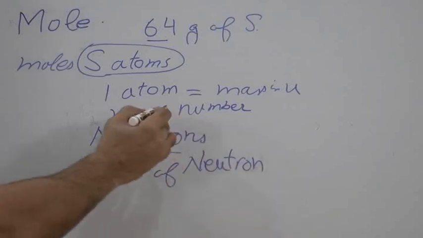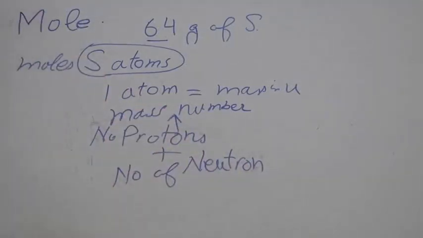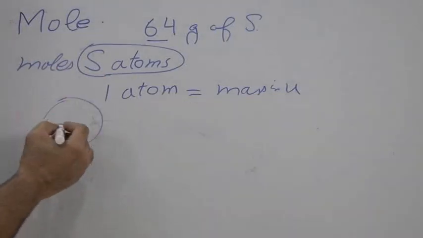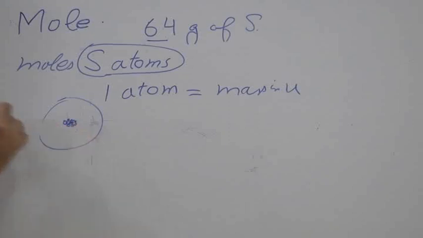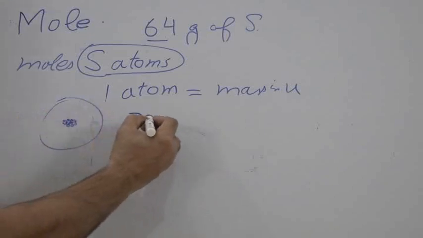This is mass number. In sulfur, there are 16 neutrons and 16 protons. Means the mass number comes out to be 32.